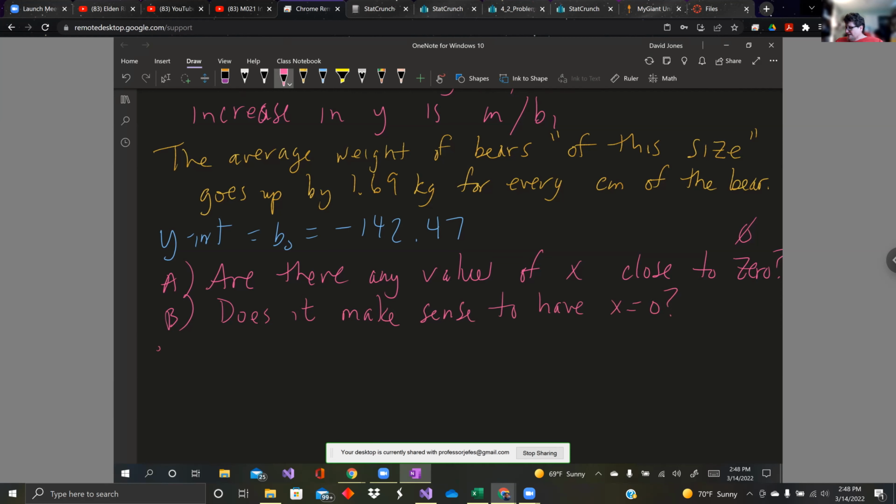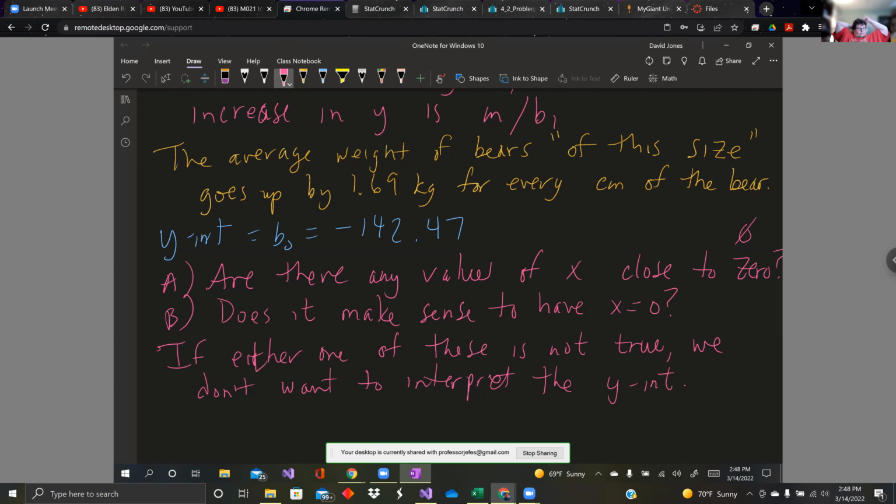If either one of these is not true, we don't want to interpret the y-intercept, because it's not applicable to the situation. It's not applicable to the problem.